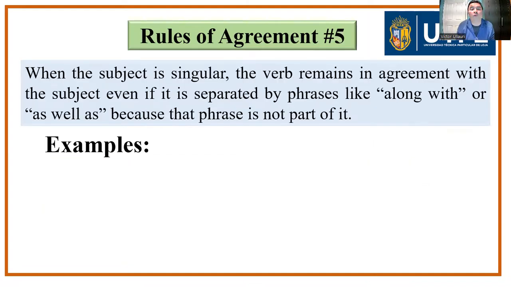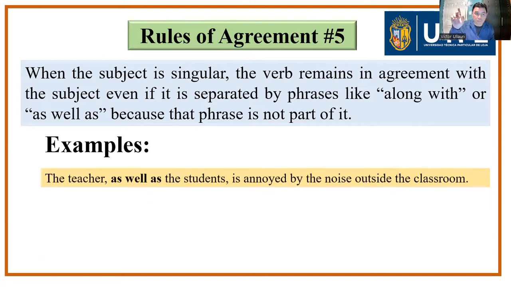Let me give you rule of agreement number 5. When the subject is singular, the verb remains in agreement with the subject, even if it's separated by phrases like "along with" or "as well as," because that phrase is not part of it. This is what I mean. We're talking about the teacher. Look at the example. The teacher, as well as the students, is annoyed by the noise outside the classroom.